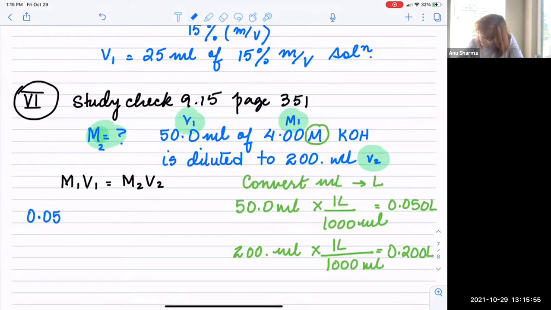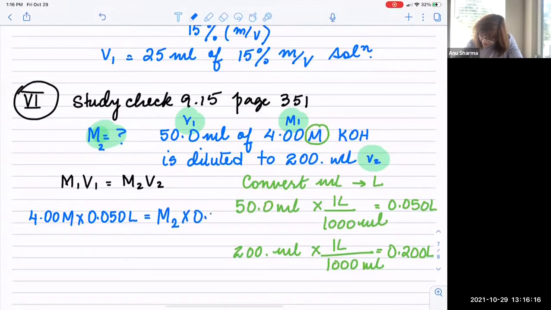M1 is 4.00 molar times 0.050 liters is equal to M2 times the V2 given, 0.200 liters.